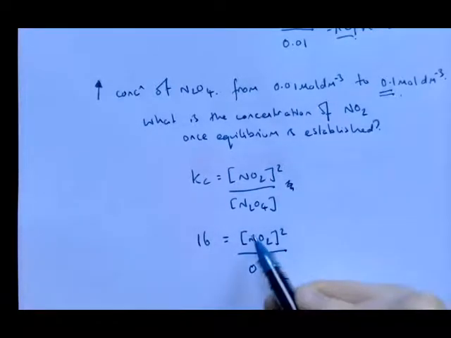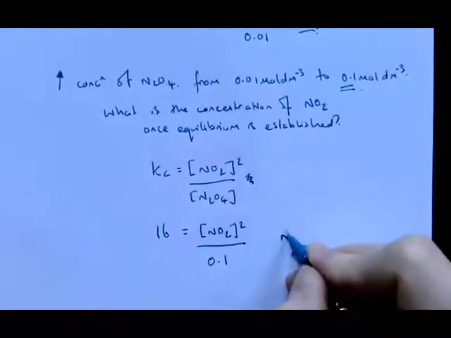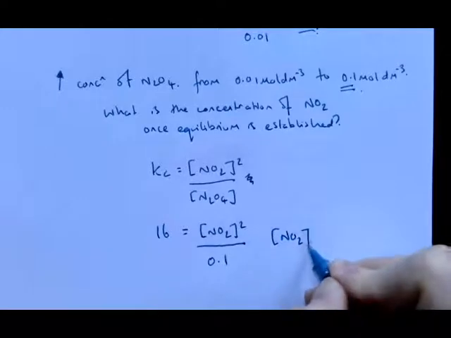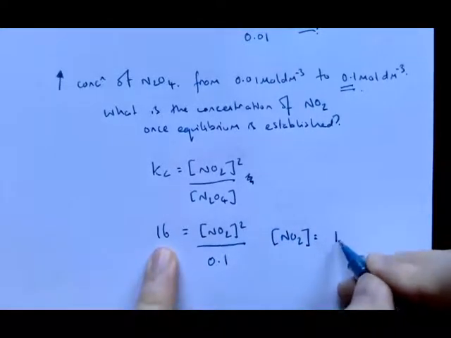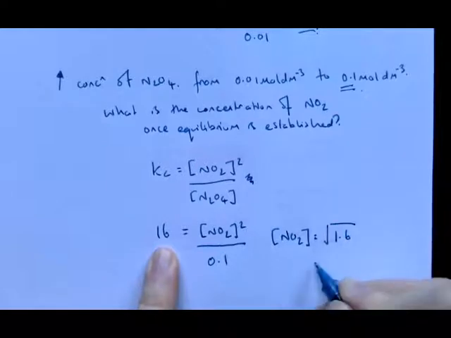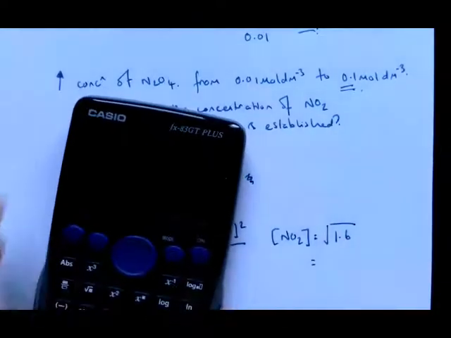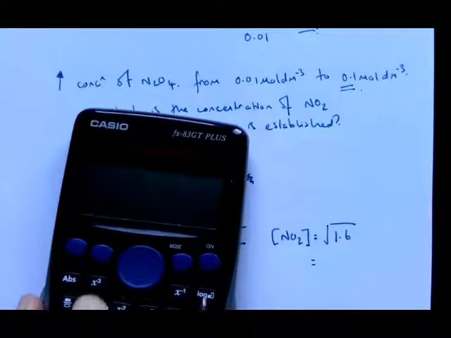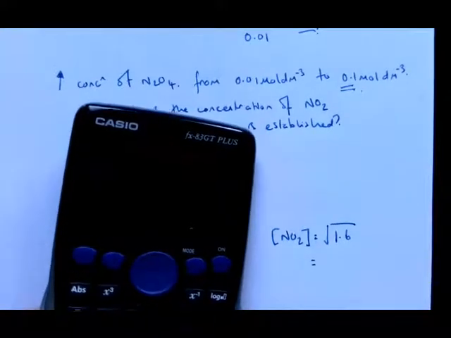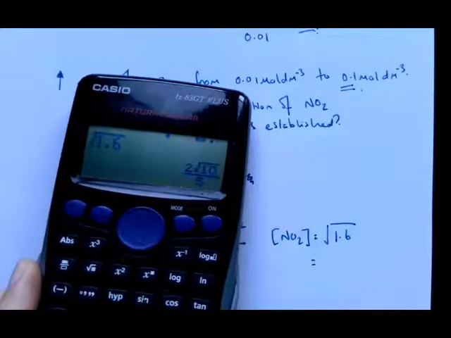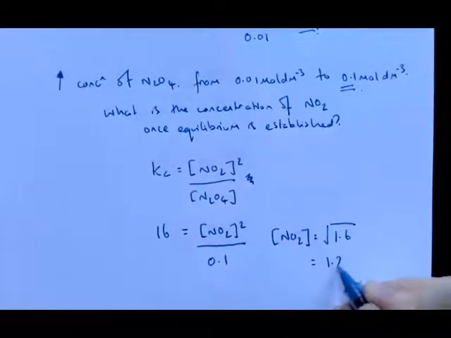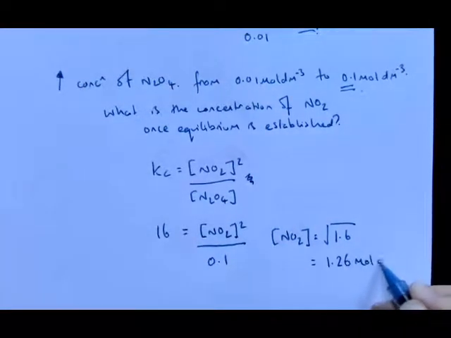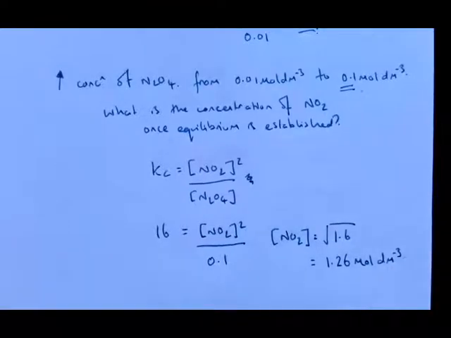And now all I do is I solve for NO2. So the concentration of NO2 is going to be the square root of 0.1 times 16, which is 1.6. So if I do the square root of 1.6, what do I get? 1.26. 1.26 moles per decimeter cubed.